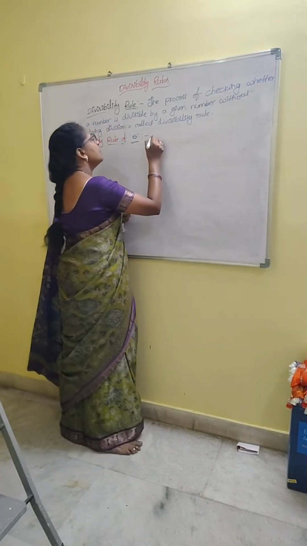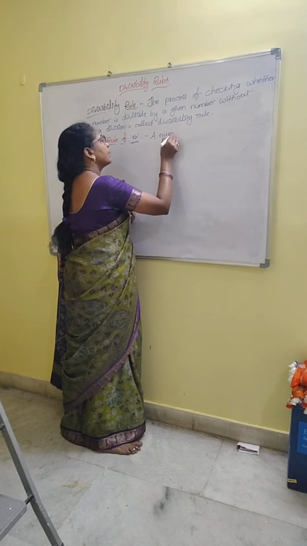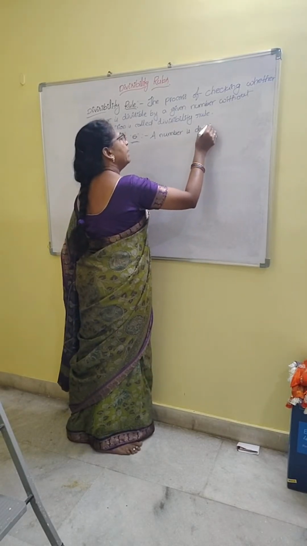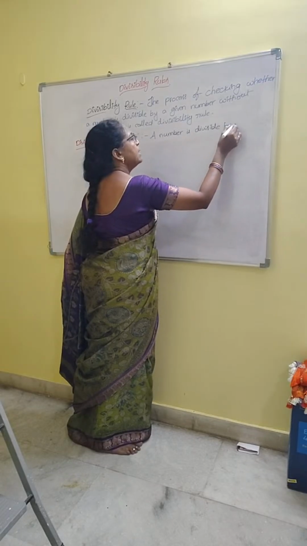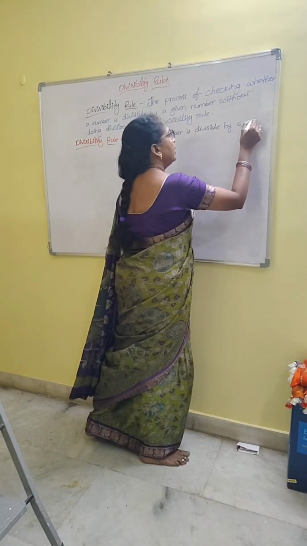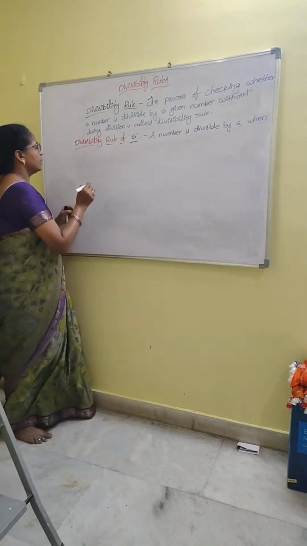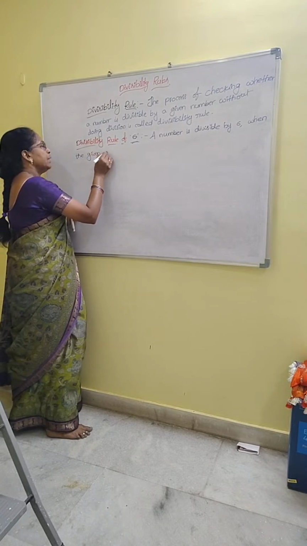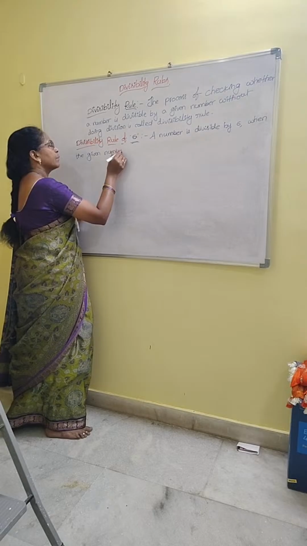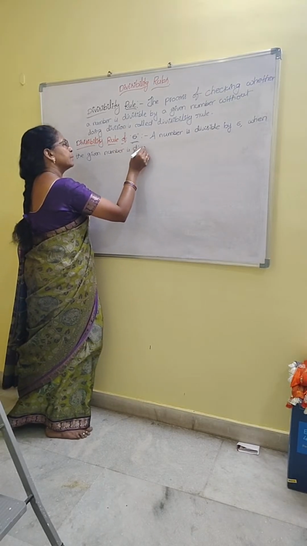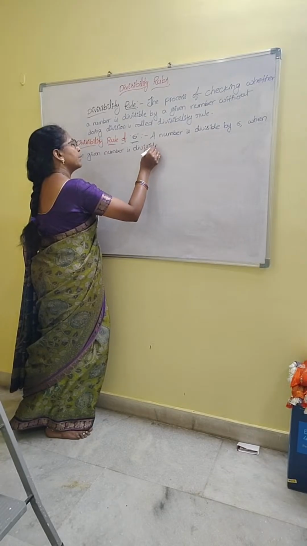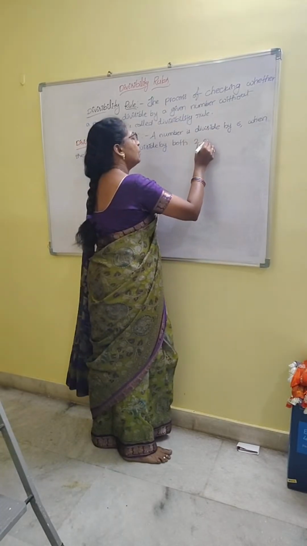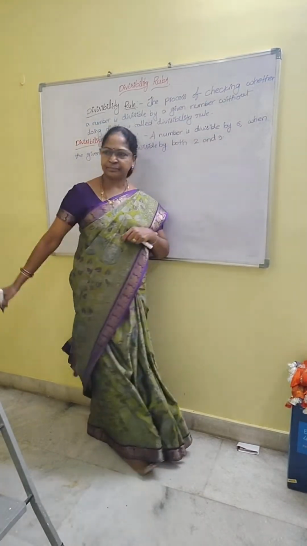So a number is divisible by 6 when the given number is divisible by both 2 and 3.